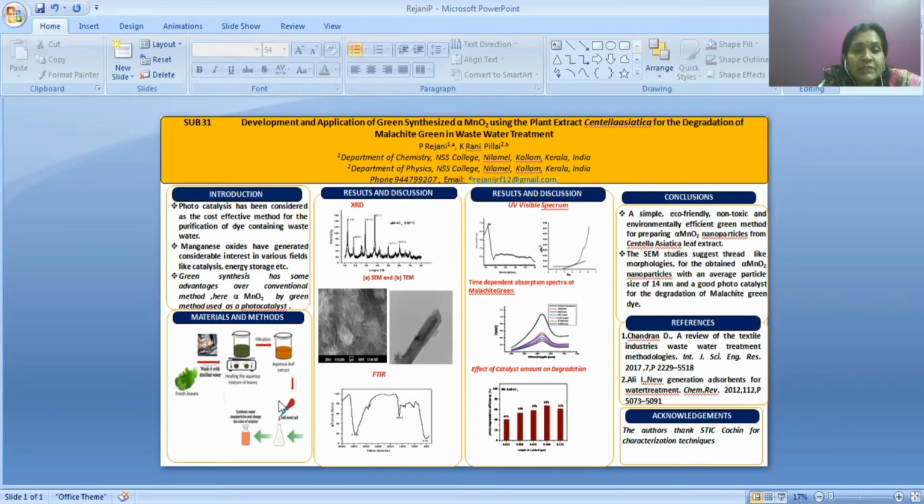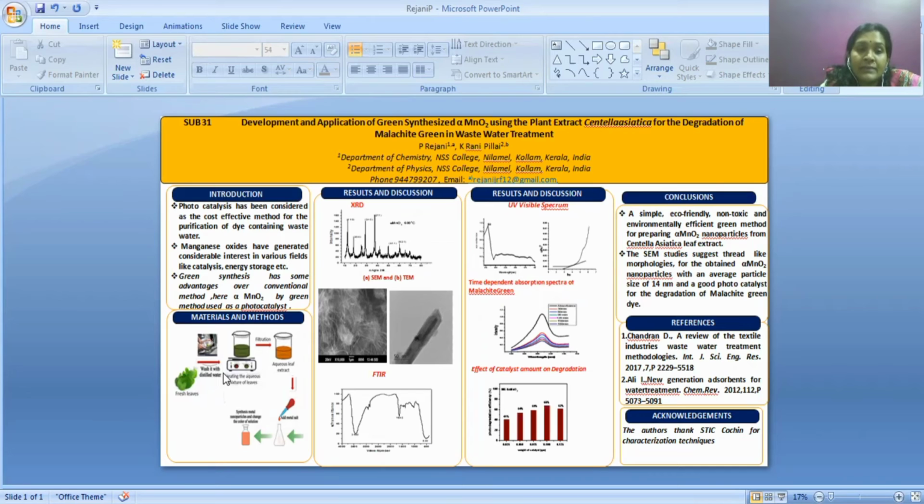Here is a brief description of the materials and methods for the preparation of alpha MnO2 nanoparticles. The plant, with common name cotangal and botanical name Centella asiatica, is taken and washed with distilled water, and the extract is collected.